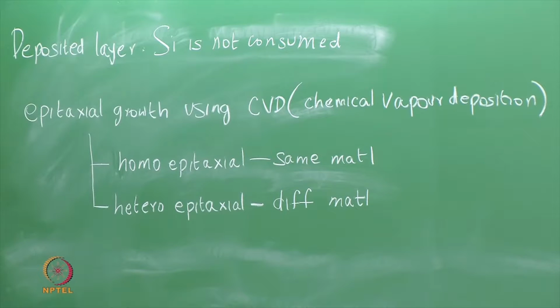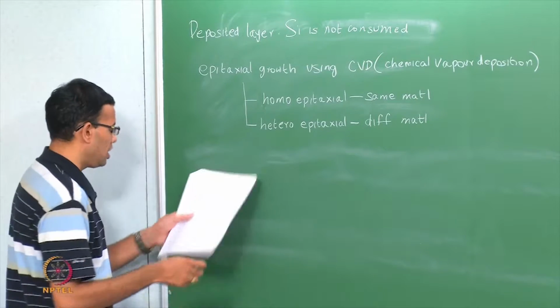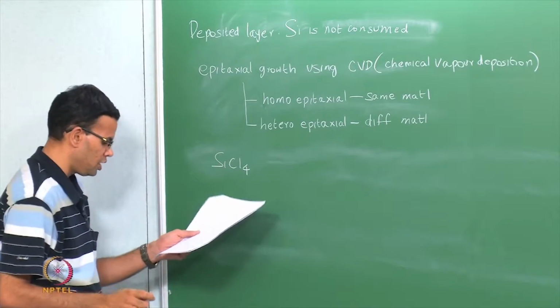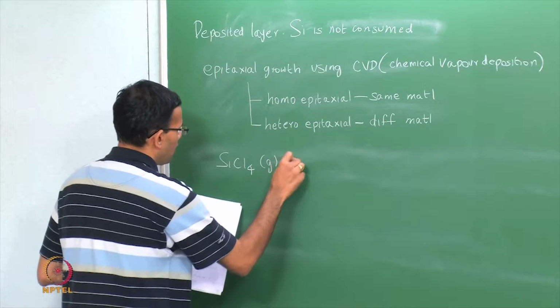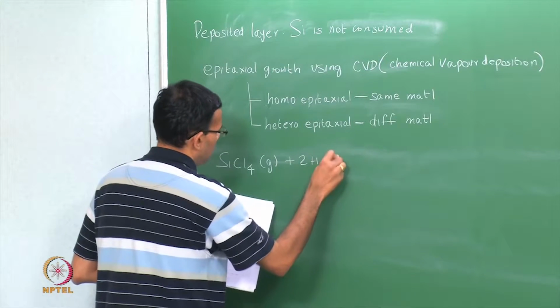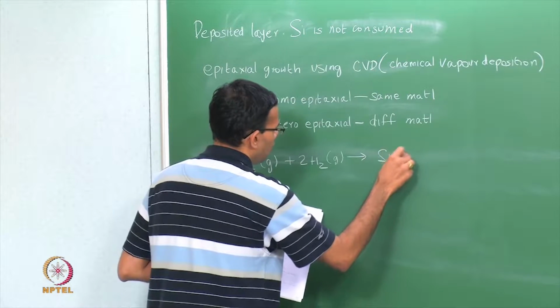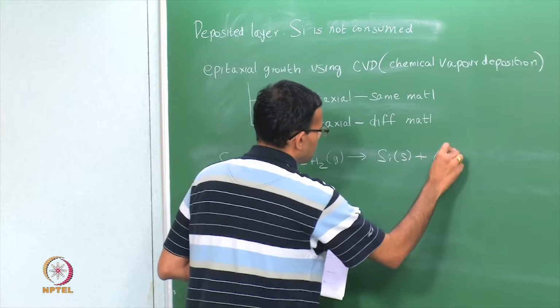For example, in the case of a silicon wafer, it is possible to grow an epitaxial layer of silicon on top of the wafer. This can be done by reducing dichlorosilane gas or tetrachlorosilane gas along with hydrogen. So, SiCl4 with hydrogen gives you silicon solid plus 4 HCl gas.